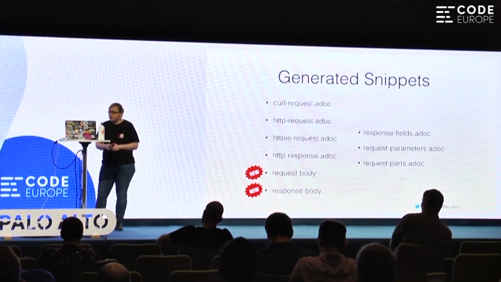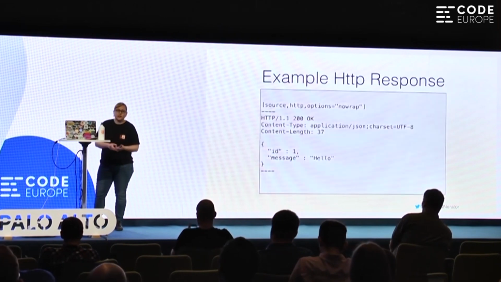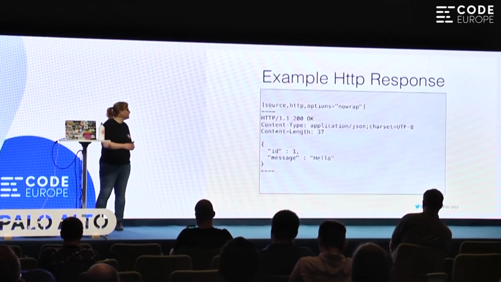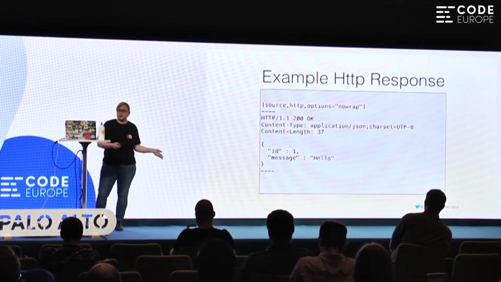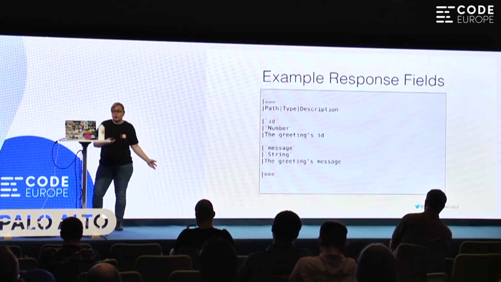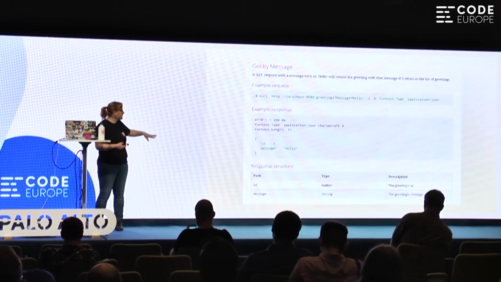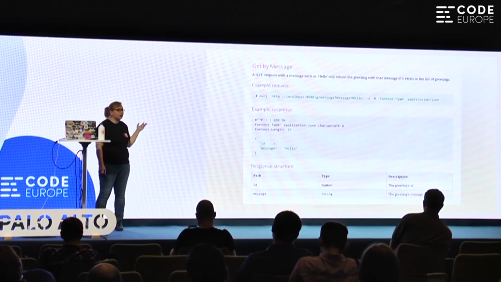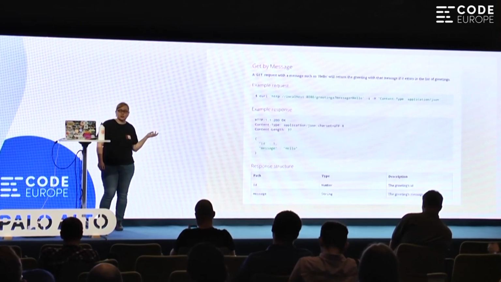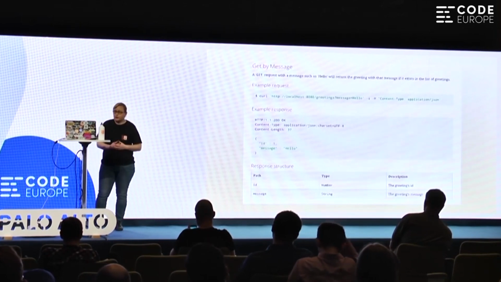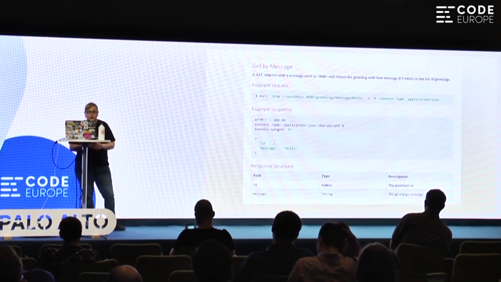Yeah. So what I mean by this is that you get an ASCII doc that looks like this for an example response. And in the case of fields, it takes this ASCII doc and creates places in the HTML that we can see and have formatted a little better.